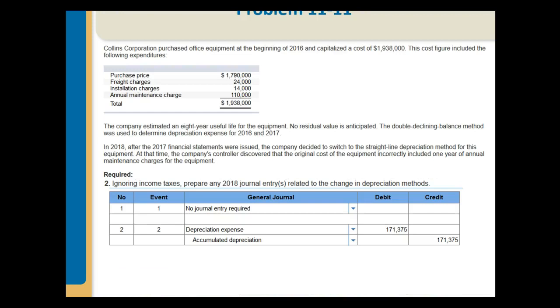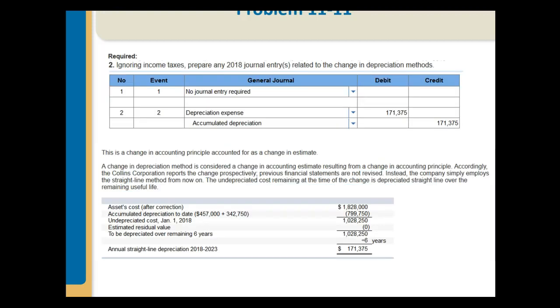Now, ignoring income taxes, prepare journal entries showing the change in depreciation method. So our depreciation expense is now $171,375, and our accumulated depreciation is going to be that same amount.